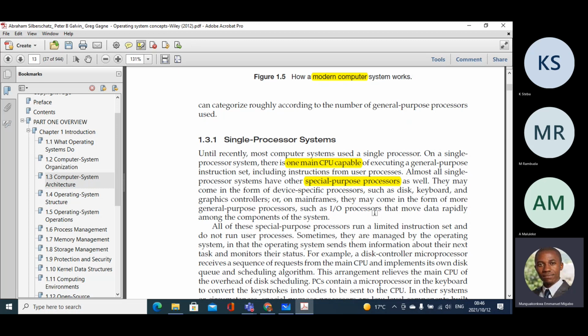They may come in the form of device-specific processors, such as disk, keyboard, and graphic controllers, exactly what I was just mentioning. Or alternatively, this could be done remotely, and in that case, it will be done on mainframes. As you know very well, mainframes are the highest level of computing, at least modern computing.